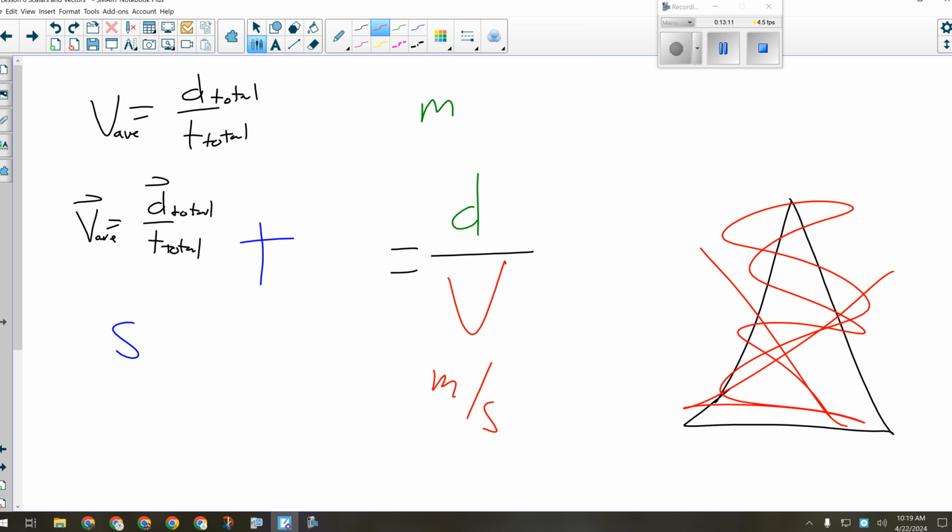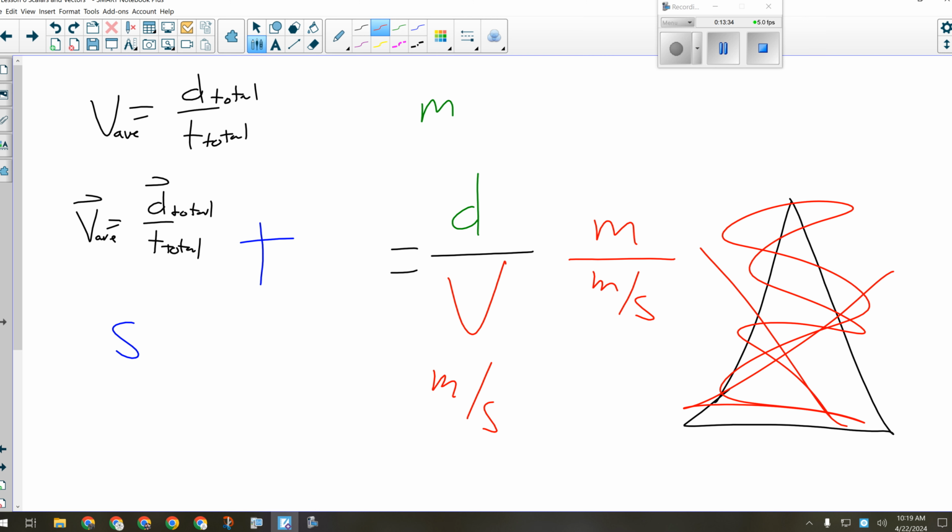So if I divide meters by meters per second, what am I going to be left with? Seconds. Well, that means I did the manipulation correctly. So that's a way you can check it. You can always plug in your units and see if you get the right units.